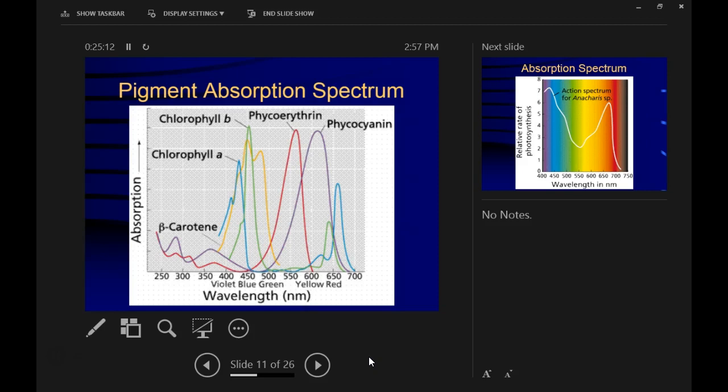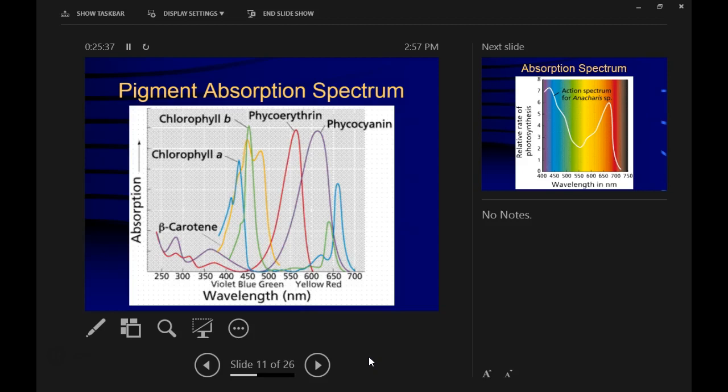Now the reason that chlorophyll A looks green to us is because if you look around here, there's no absorption. It's reflecting back that light. Now if plants just had that, if that was the only pigment they had in their leaves, they would miss out on all this energy. So this is why they have multiple pigments.